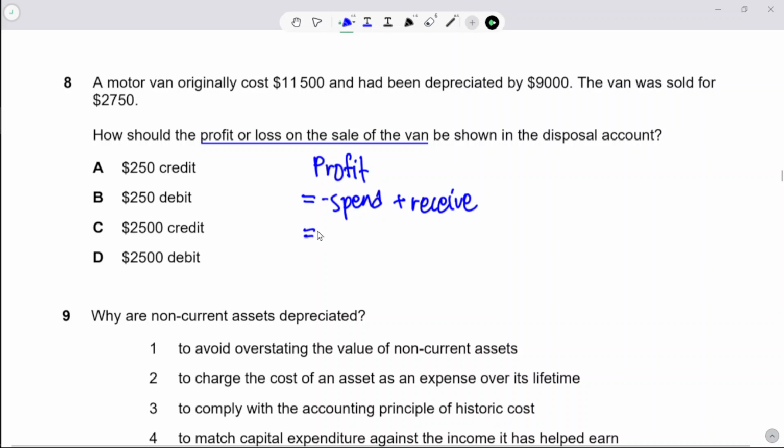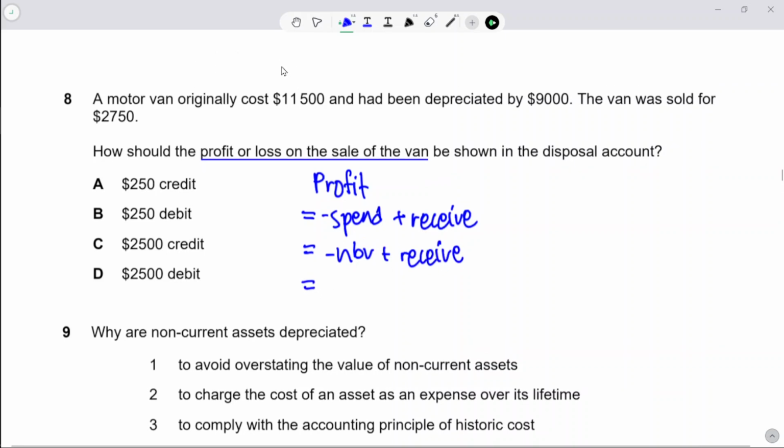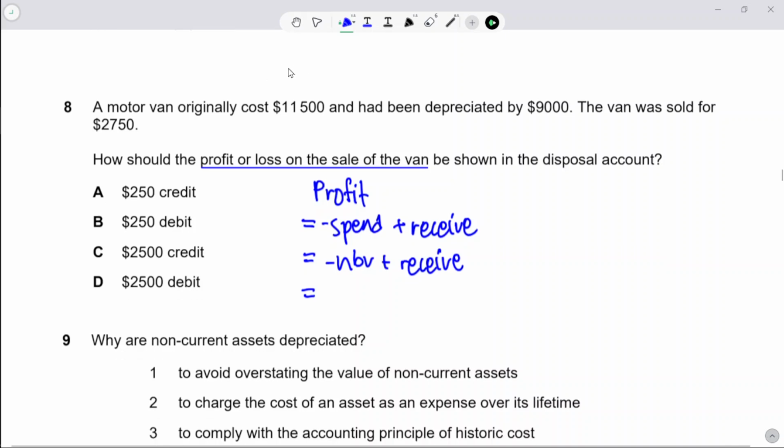In this case, it's minus net book value plus the amount received. Then we have one cost, and one AD, which is the depreciated amount.